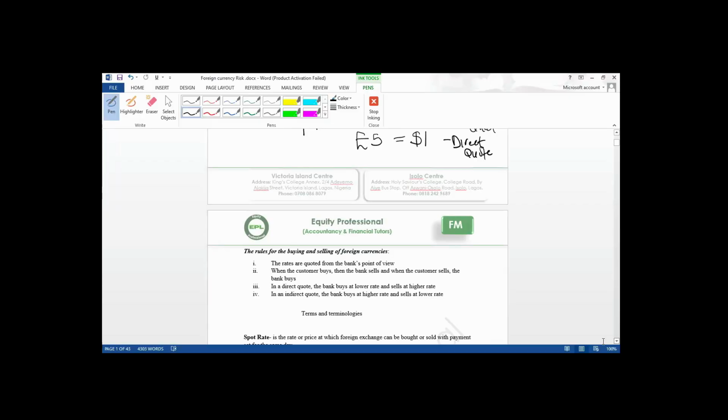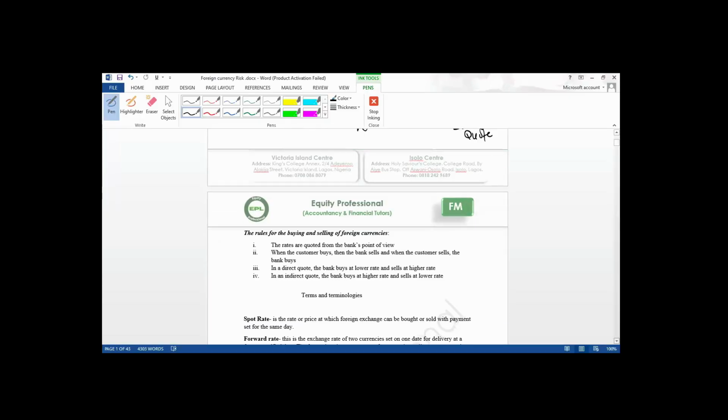Our next explanation: the rules that govern the buying and selling of foreign currency.